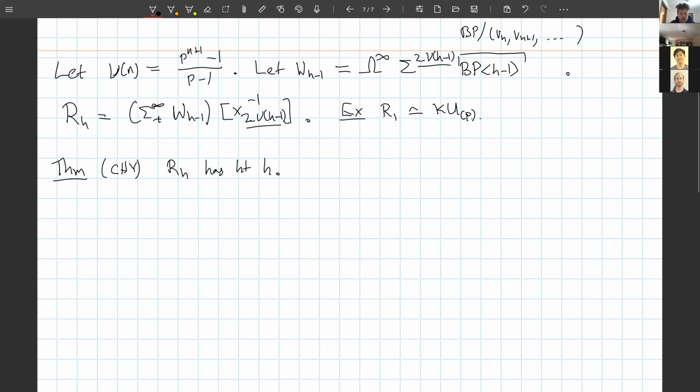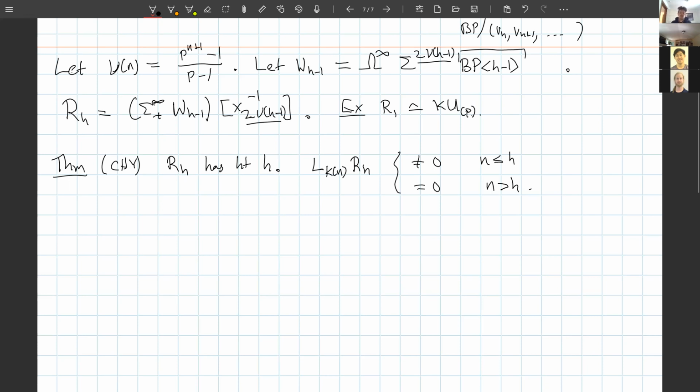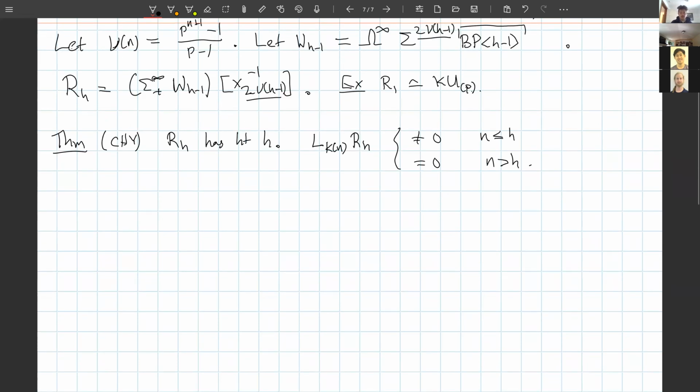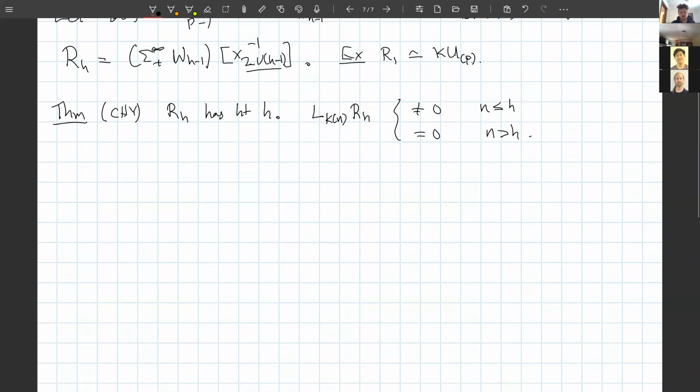In particular, L_{K(n)} R_h is not equal to 0 if n is less than or equal to h, and equals 0 if n is strictly greater than h. And R_h also, again, has no completions in it. Its homotopy groups are a Noetherian ring.